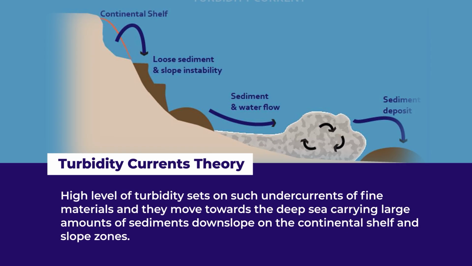High level of turbidity sets on such undercurrents of fine material, and they move toward the deep sea, carrying large amounts of sediments downslope on the continental shelf and slope zones.